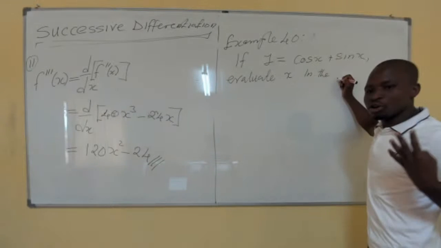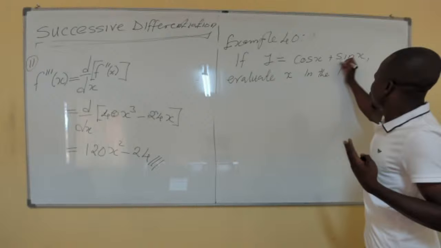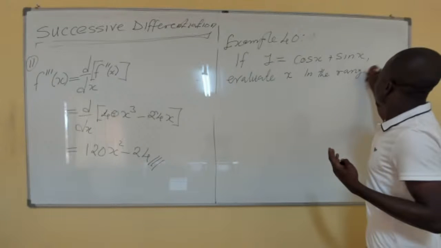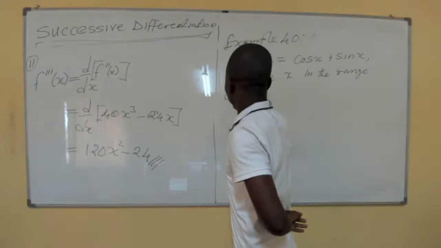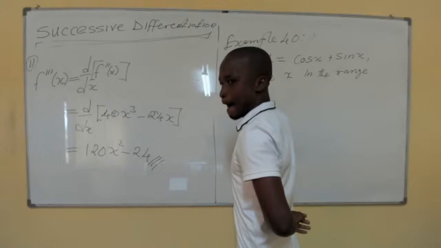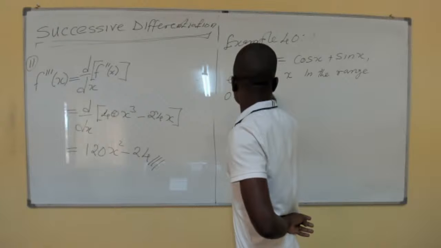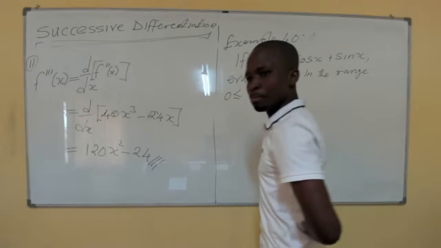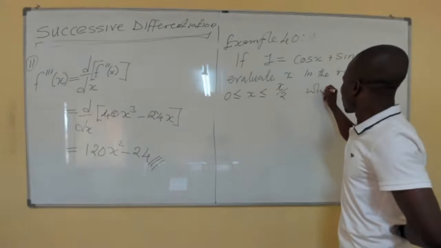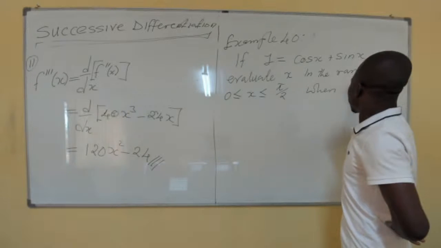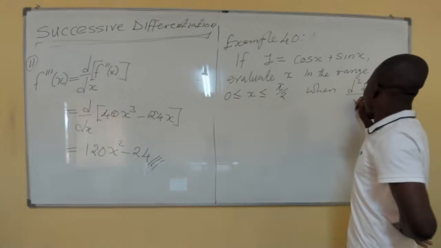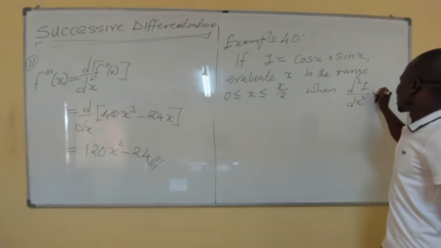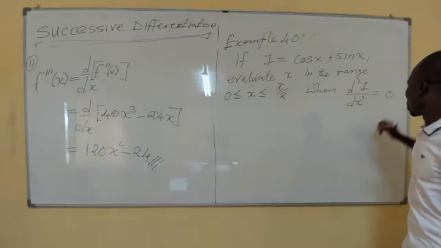Evaluate the value of x in the range 0 is less than or equal to x, which is less than or equal to pi over 2, when the second derivative of the function y with respect to x is equal to 0.